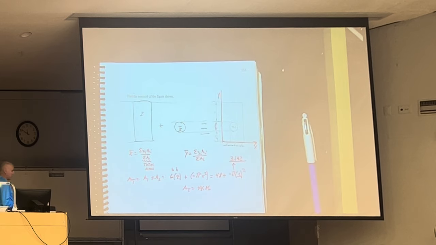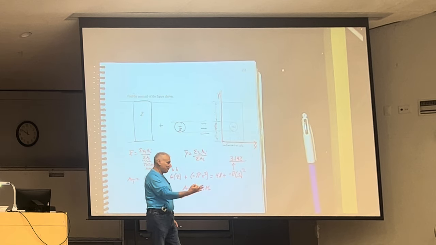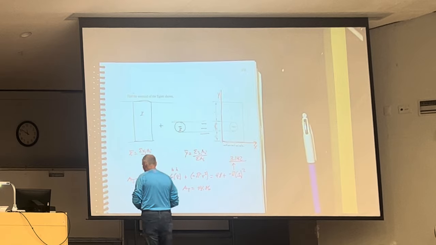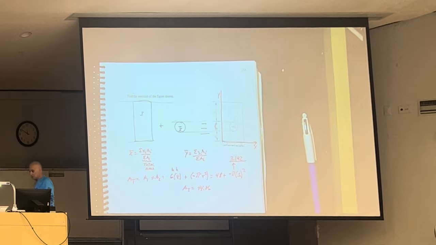Now, I did not keep 3 decimals. On the test, in my solution, I keep 3 decimals. I got sloppy, but I want you to keep 3 decimals. So what did I just find here? I found the denominator of my x bar, y bar.